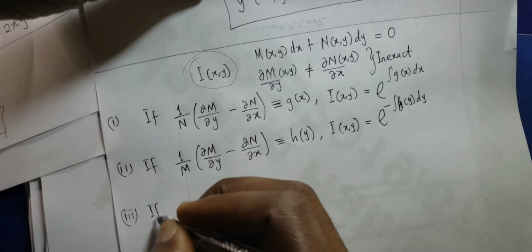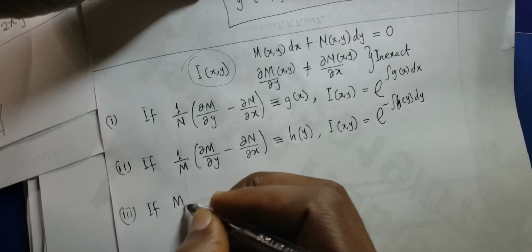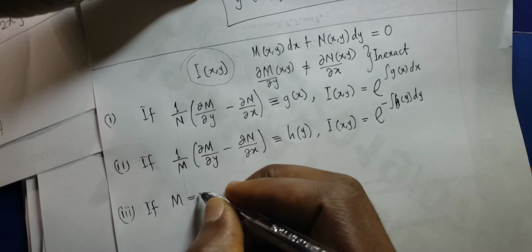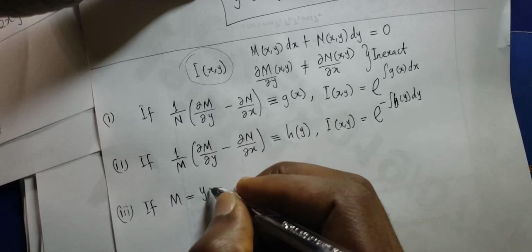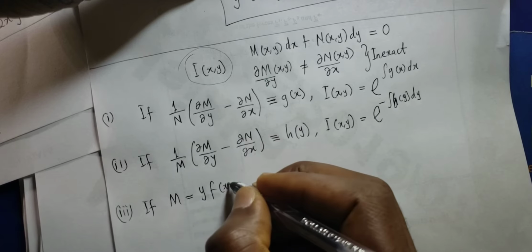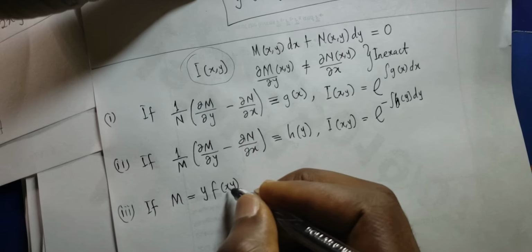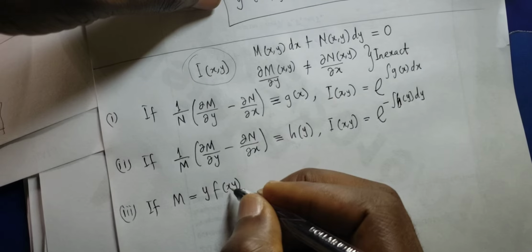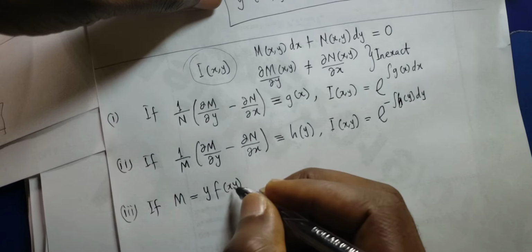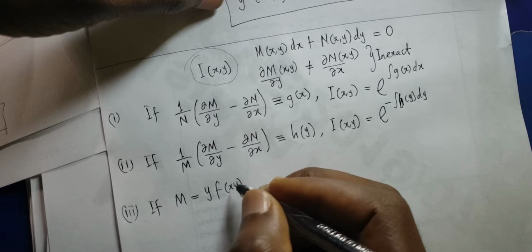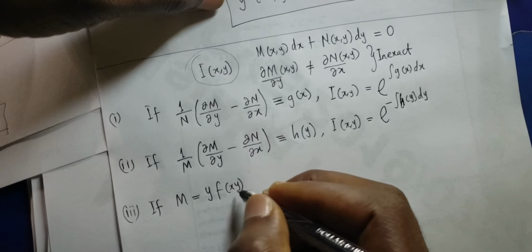Okay, then finally we have another condition that you need to check to see if it can be made an exact differential equation. Again, this is from your lecture material directly. If M is equal to y times f of xy. So f of xy is not the same as f of x comma y. F of xy means that the terms are xy only. That means you have the product terms xy only.